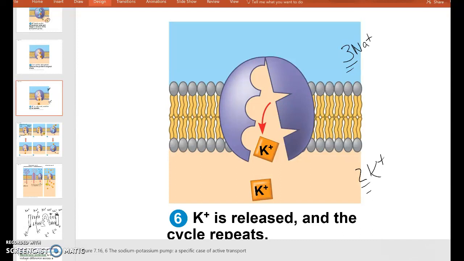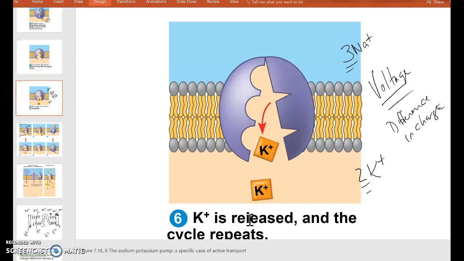And what that's telling me is that I'm going to end up with a voltage. And the reason why I have a voltage is I have a difference in charge across the membrane.